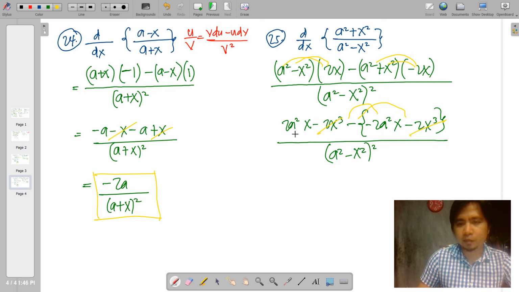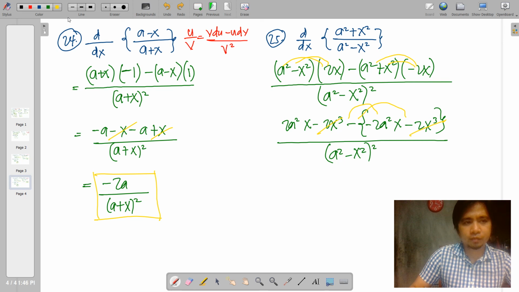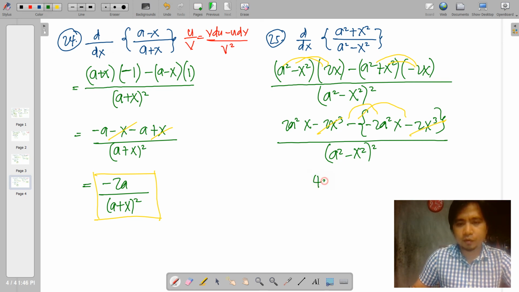So, kung positive yan, magko-combine lang siya doon. So, we have 4a squared x all over a squared minus x squared raised to 2.